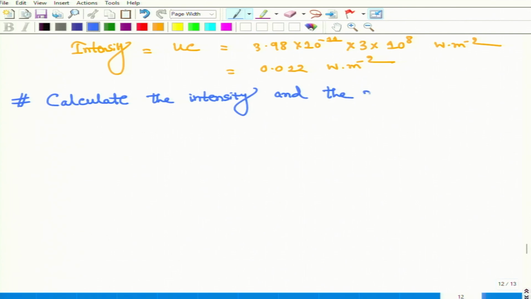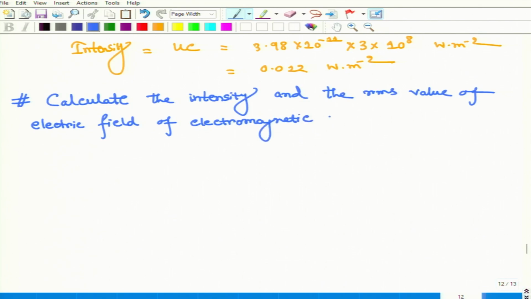So that's why I left that problem in that class, but in this class we will do that. Calculate the RMS value of the electric field at a distance 10 meter from a 100 watt electric bulb.